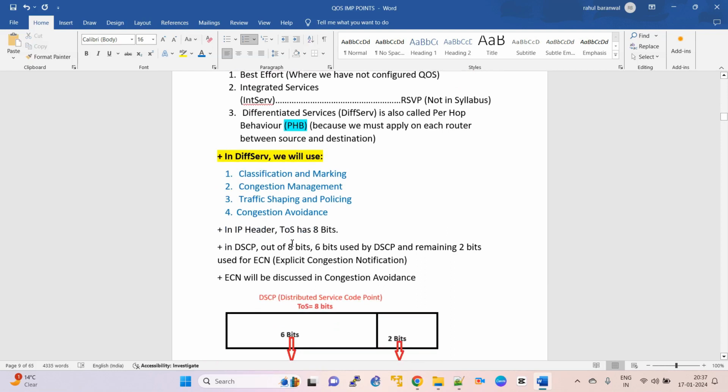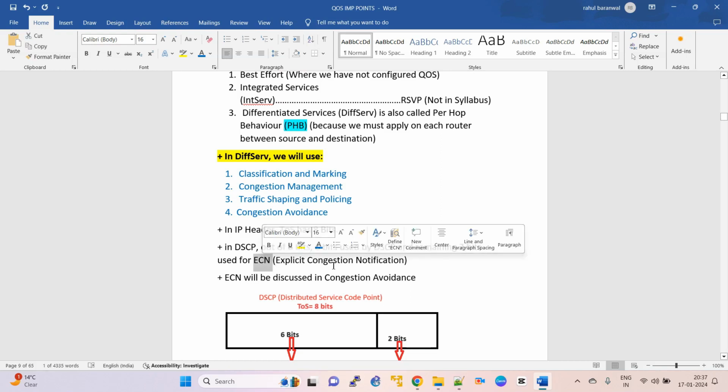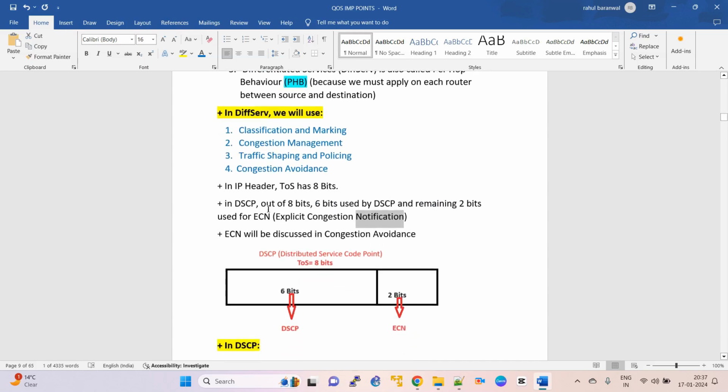As we discussed, in the IP header there is one field, type of service, of 8 bits. Out of the 8 bits, DSCP will use 6 bits, and the remaining 2 bits will be used for ECN, explicit congestion notification. ECN will be used in congestion avoidance, which will be discussed later, right?